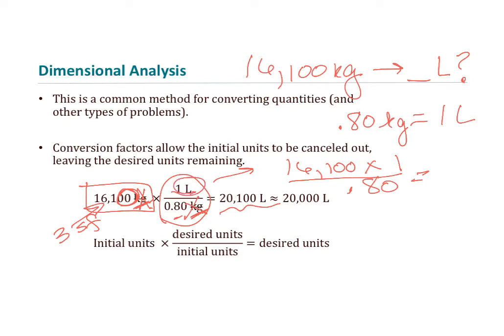And so 1 liter, 0.8 kilograms in 1 liter. That 1 liter only has 1 sig fig, unfortunately. So that tells you your answer can only have 1 sig fig. So the 2 is the only sig fig in this answer.